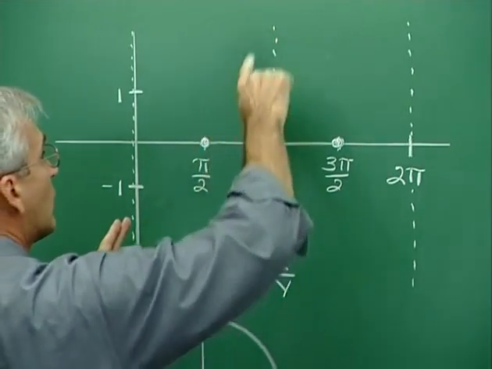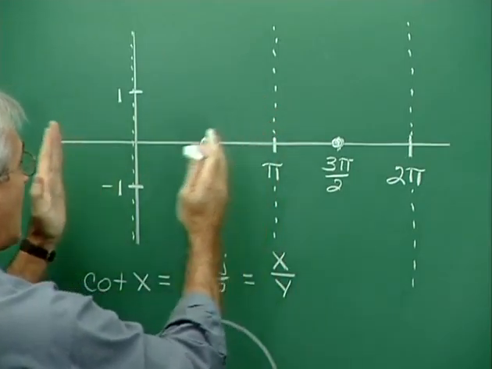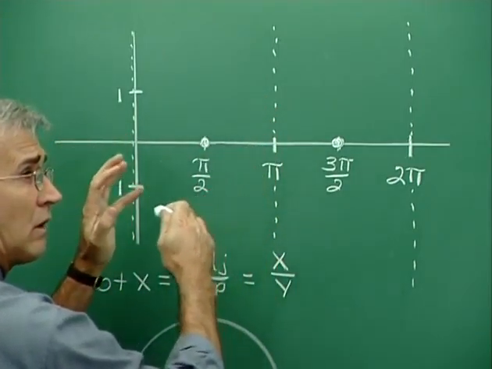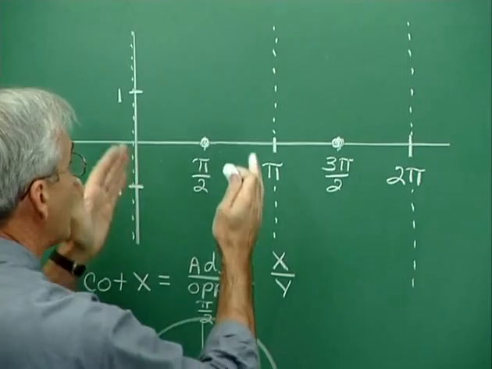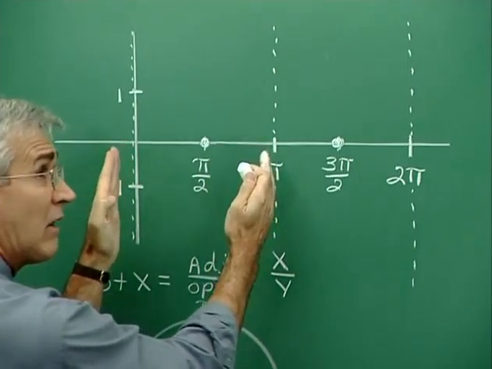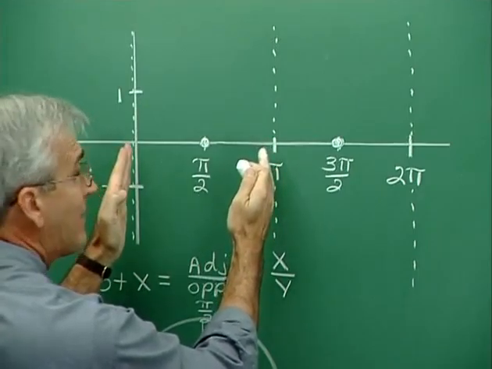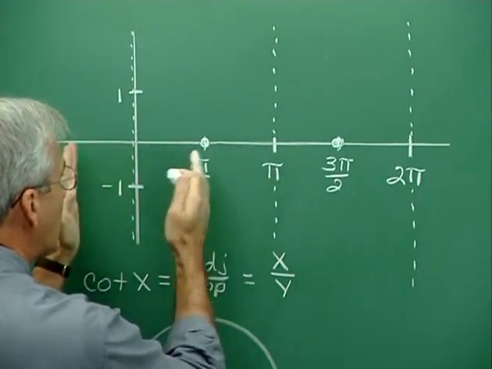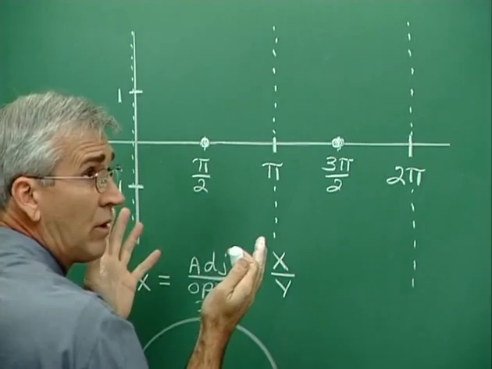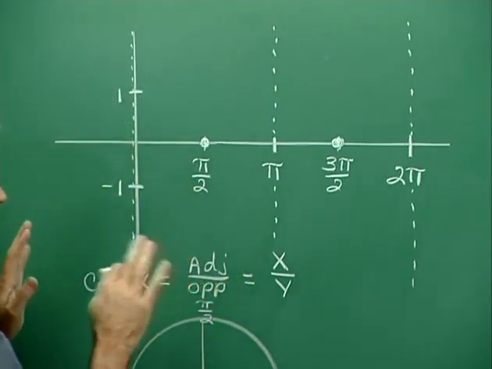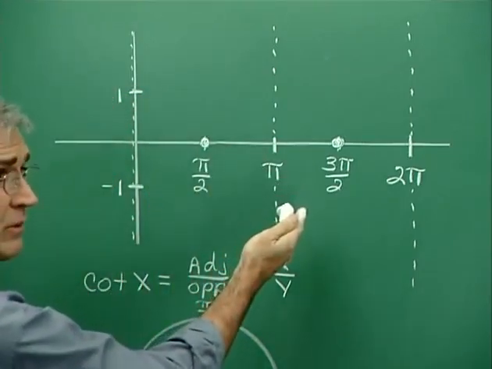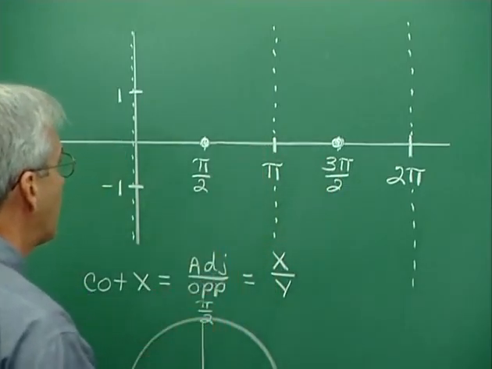Now we're seeing a shift of our fundamental period here. It's the same length, a period of pi, but it's shifted on the coordinate plane. It's a little more normal from our experience of sine and cosine: it starts at 0 and ends at pi.